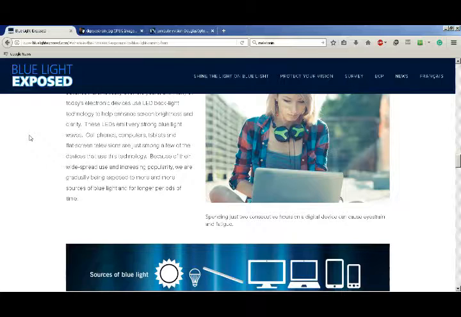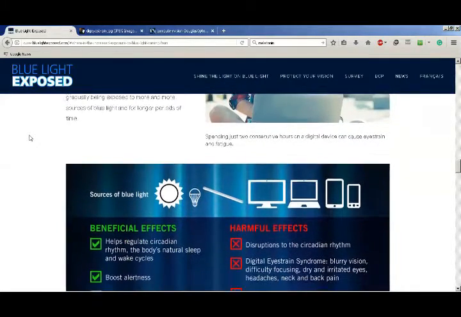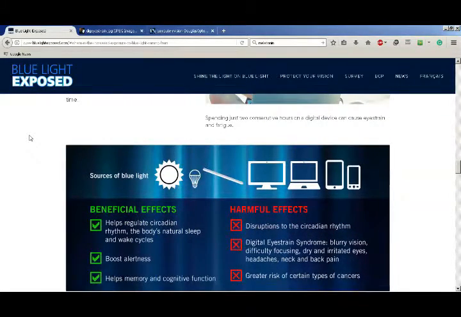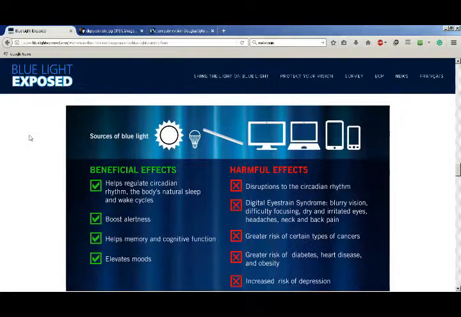So there are negative health repercussions for doing that, and over time it can be damaging to your eyes, to your eyesight. Okay, so let's take a look at some more on blue light.